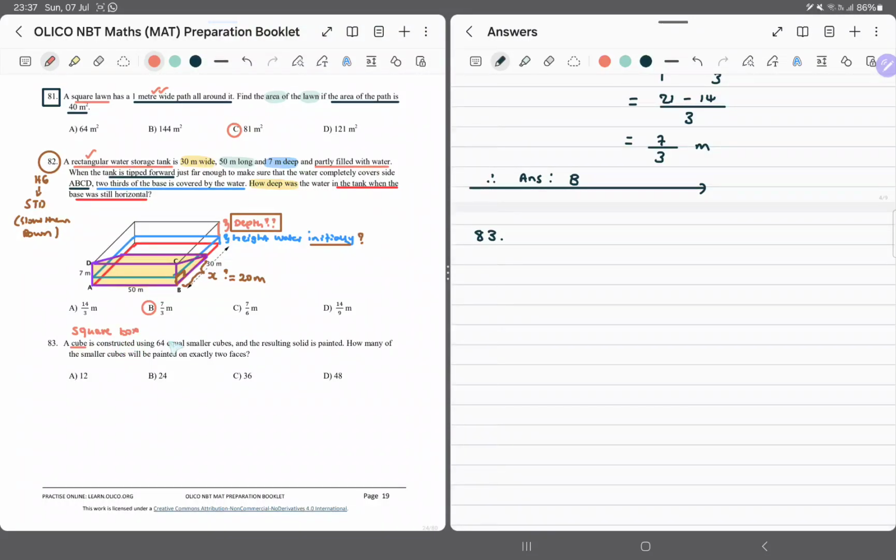It's constructed using 64 equal smaller cubes, and the resulting solid is painted. That means we put color onto it, okay? Now, how many of the smaller cubes will be painted on exactly 2 faces?